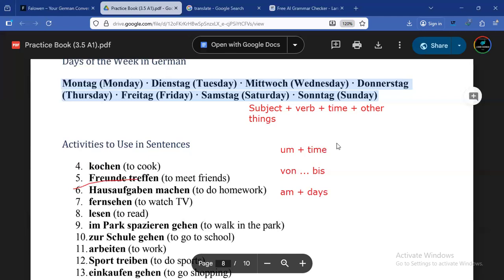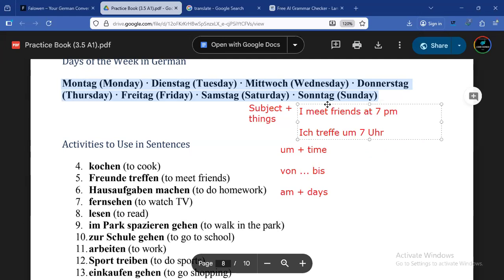So you want to say that I meet friends at 7 p.m. They say subject, so you say ich. They say verb, you have the verb treffen, you conjugate it well. And they say time, you have the time here. So the time goes with sieben Uhr, and other things is going to be Freunde.